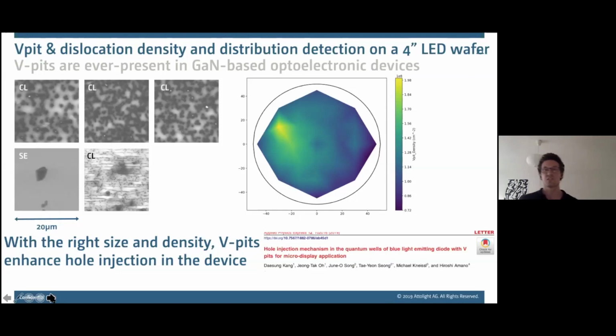So this is just an example of what's done with our industrial tool, where you stick a wafer in and you can measure these features across your wafer. I think for a 4-inch wafer, like in this case, it's less than 10 minutes to get a full picture. Of course, it's sampled, but it really gives a good idea of what's going on over your whole wafer.